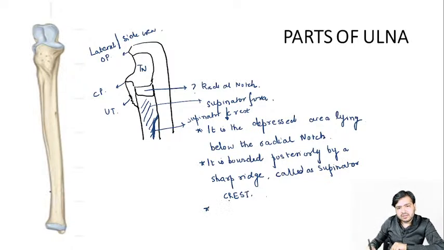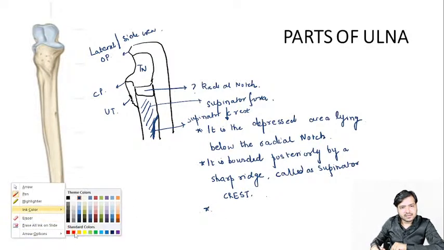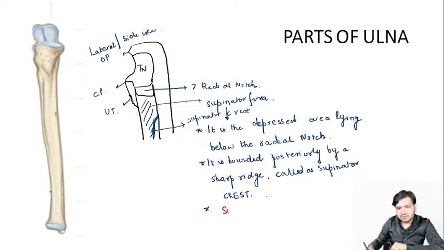And remember, I will write it over here: supinator fossa and crest gives origin to the supinator muscle.